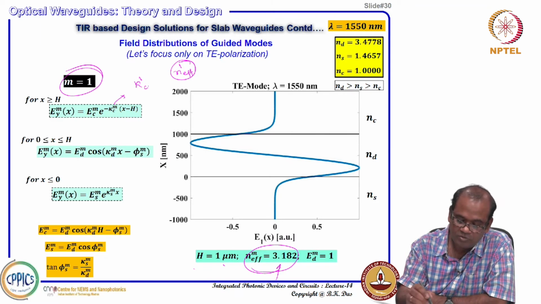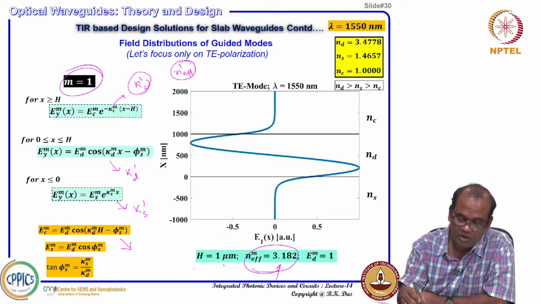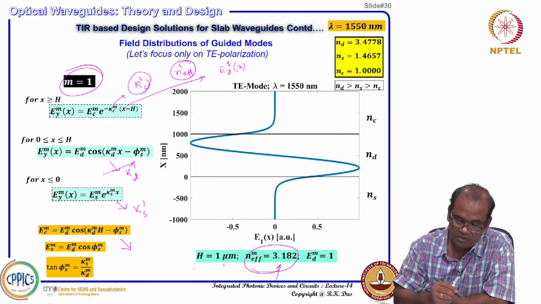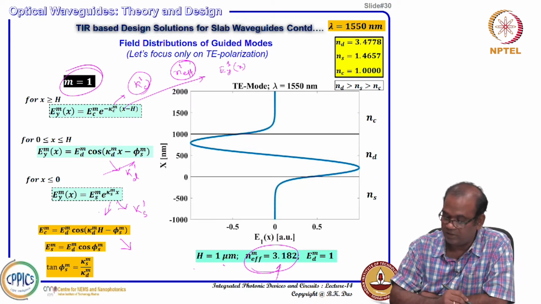Once you know n effective 1, you can get kappa C 1, kappa D 1, and kappa S 1. Once you know kappa S 1, kappa C 1, kappa n, then you can find E y for the first order mode. That variation will be, you can find this one in the core region and this one in the lower cladding region.